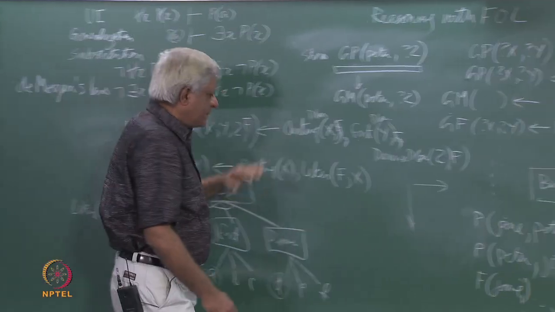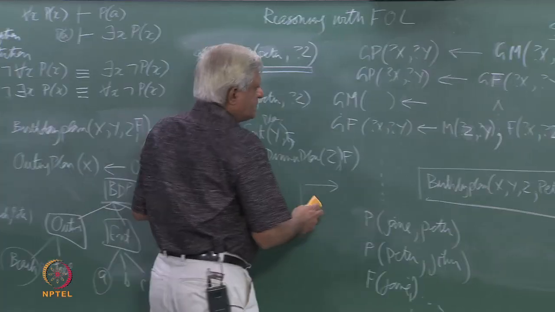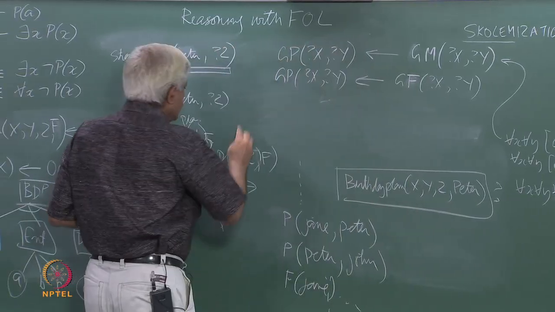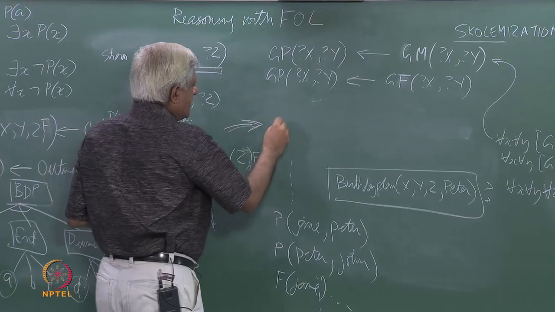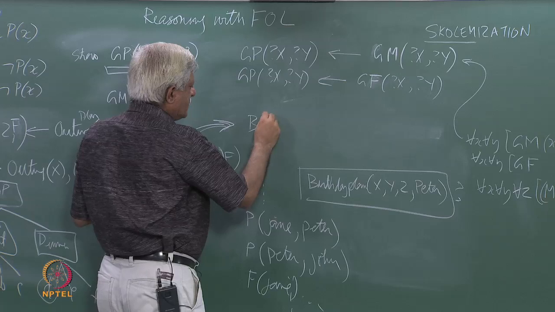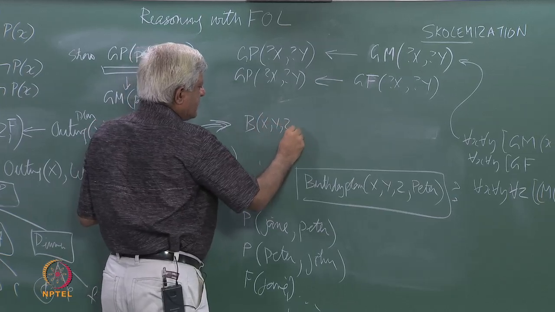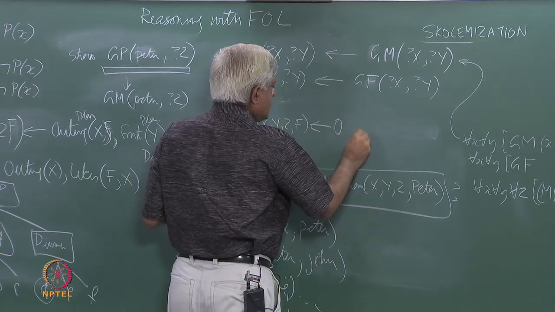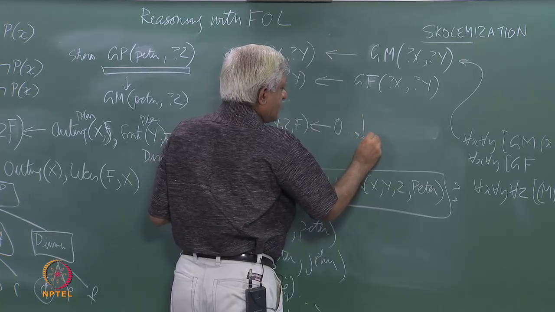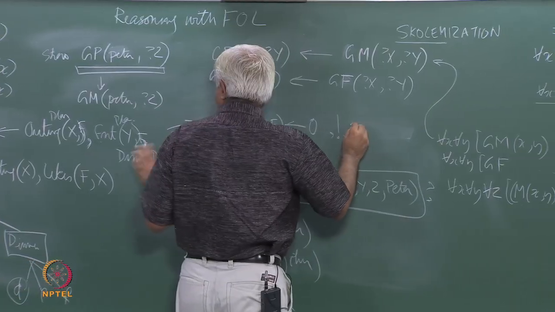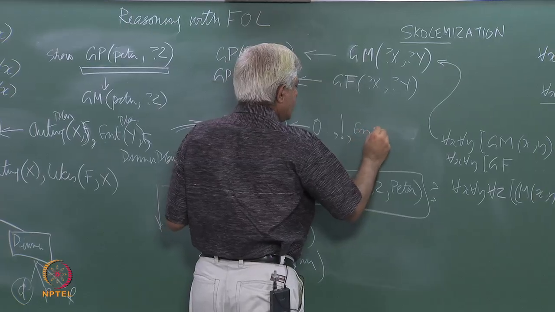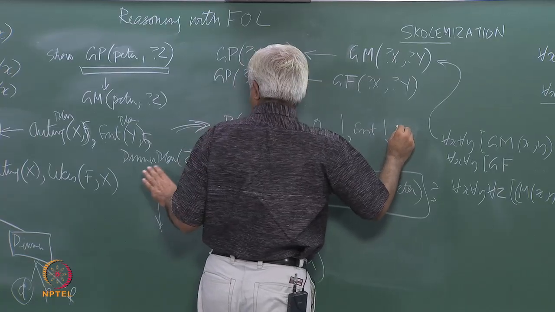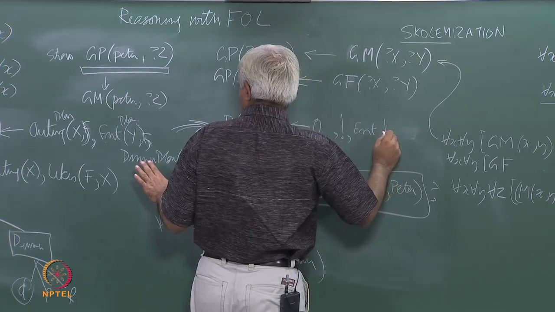So, instead of writing a statement like this, what you can do in Prolog is write the statement as follows: a birthday plan, let me just use this B x y z f, if outing plan, then you use a special symbol called cut, then an entertainment plan, then you use a special symbol called cut, and then a dinner plan.